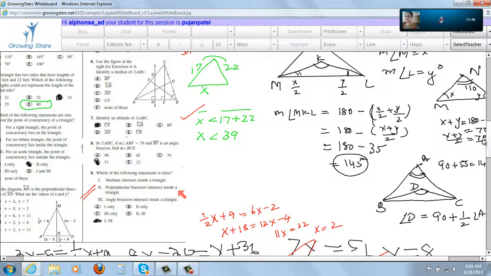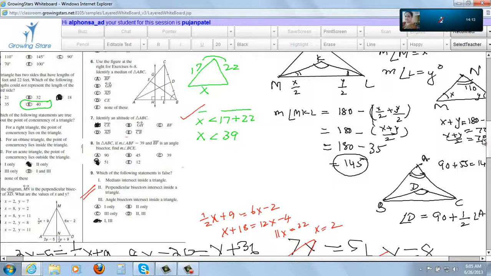What about number 5 and 6? Scroll up. Yes, 5 and 6 also we have to discuss. In 5 again we have the centroid. Centroid is the point of concurrence of the medians. When it comes to centroid, you should always remember the ratio 2:1.